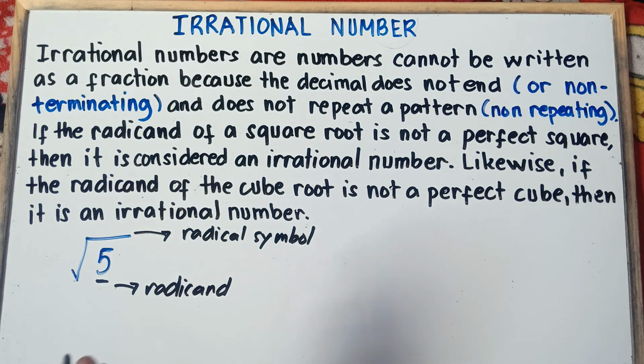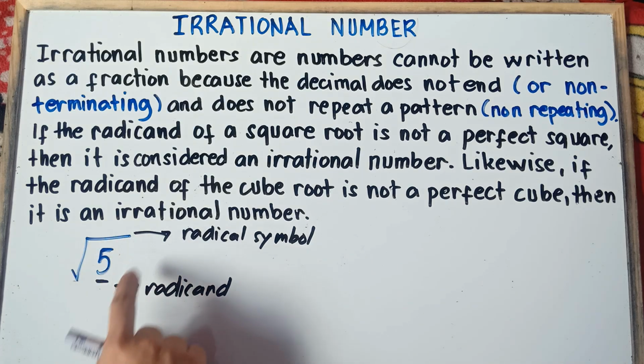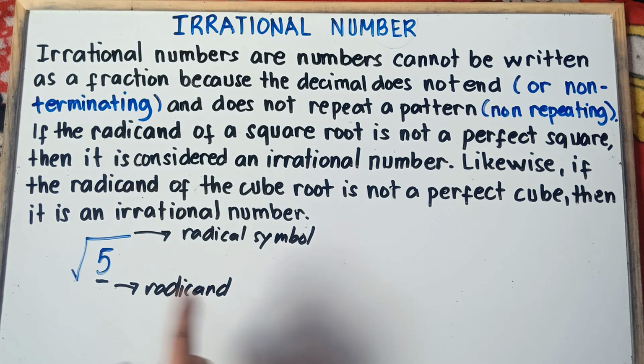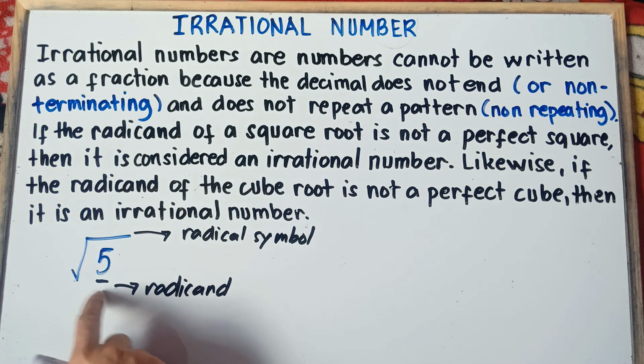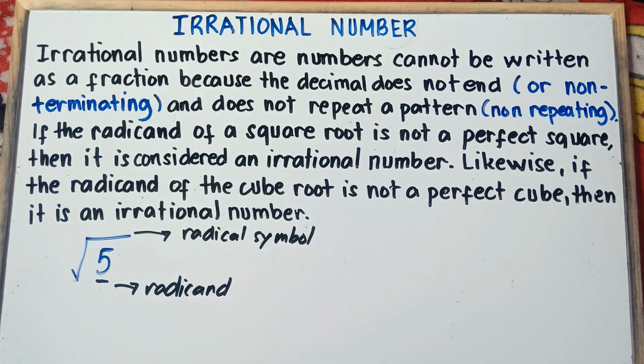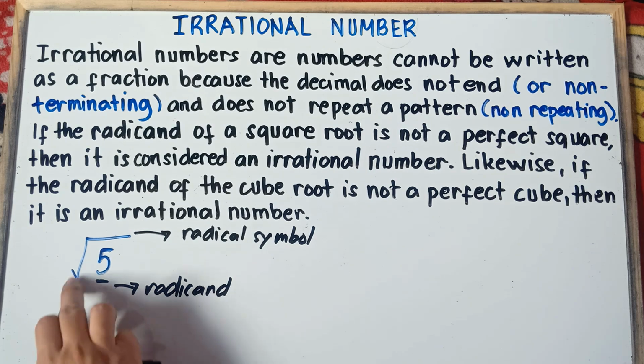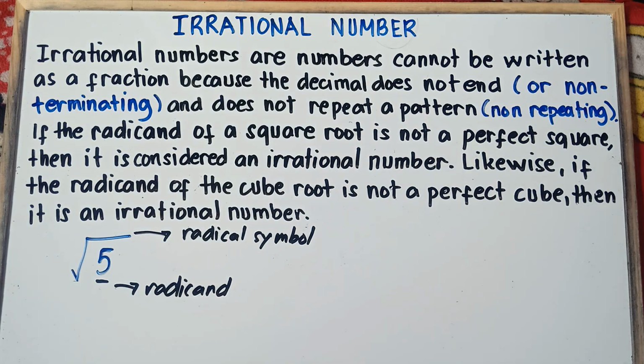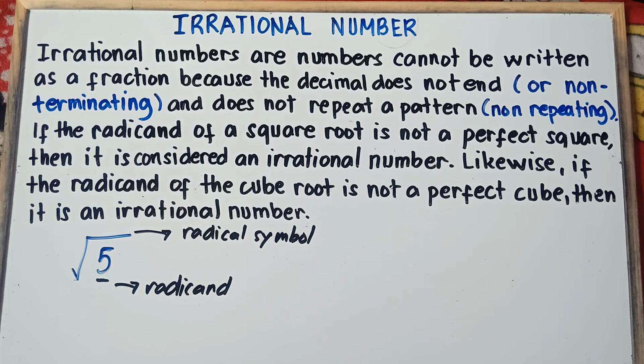Once again, if the number inside the square root, the radicand, is not a perfect square, automatically the square root of 5 is an irrational number. Why is that, sir?